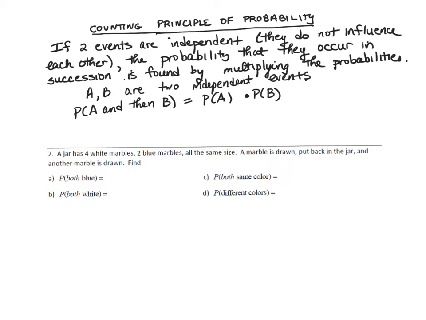Let's take a look at problem number 2 on the worksheet. A jar has 4 white marbles, 2 blue marbles, all the same size. A marble is drawn, put back in the jar, and another marble is drawn. Find the following probabilities. So, if we could just imagine this, we've got a jar.